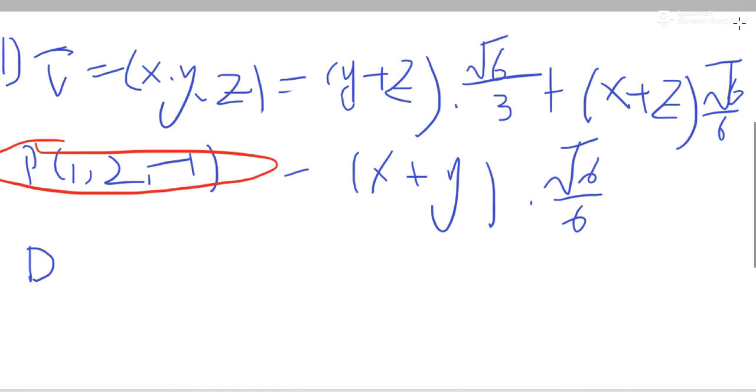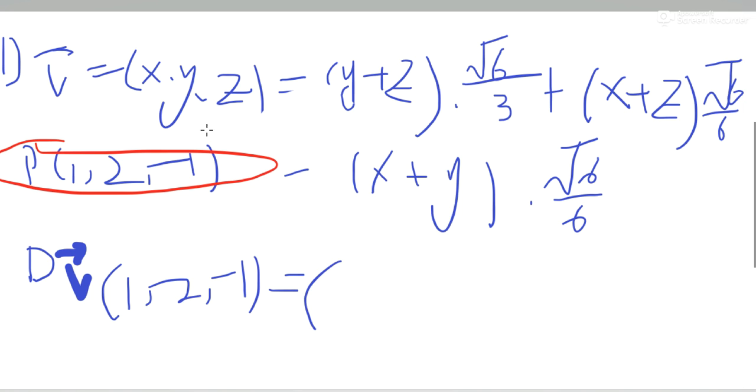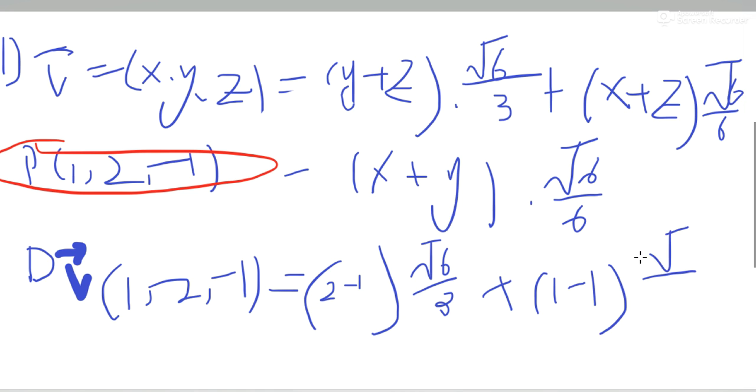The directional derivative at (1, 2, -1) is equal to, according to the function, (2 - 1) times 2 over root 6, plus (1 - 1) times 1 over root 6, and minus (1 + 2) times 1 over root 6.